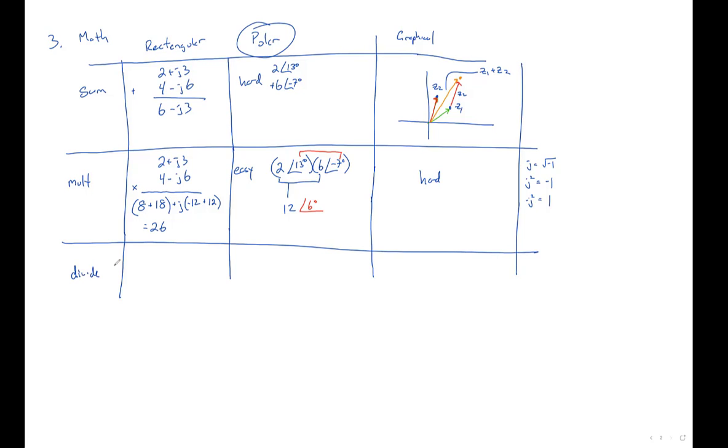I'll talk about dividing too. In general, this is sort of hard. If you had to divide 2 plus J3 over 4 minus J6, you'd multiply both by the complex conjugate of the denominator. That was pretty hard to read. Let me try that again.